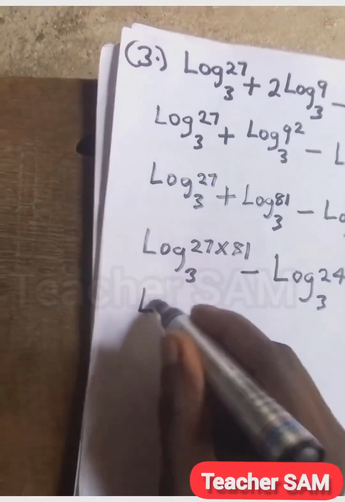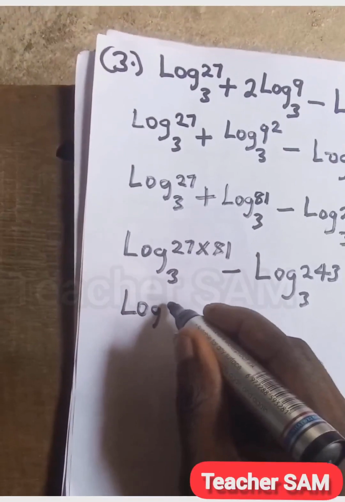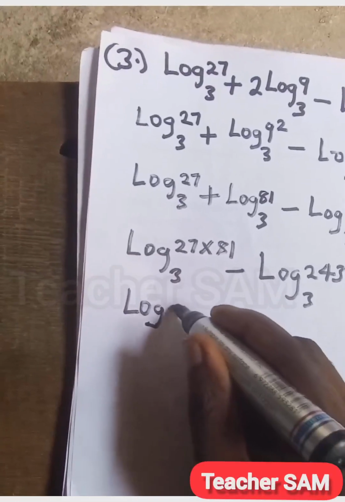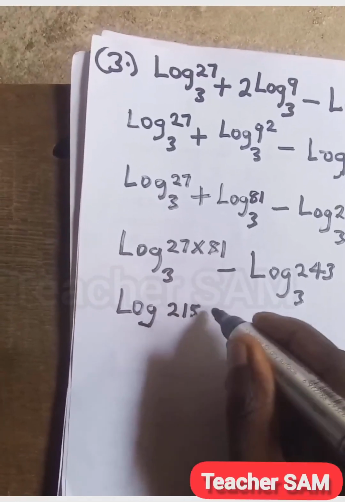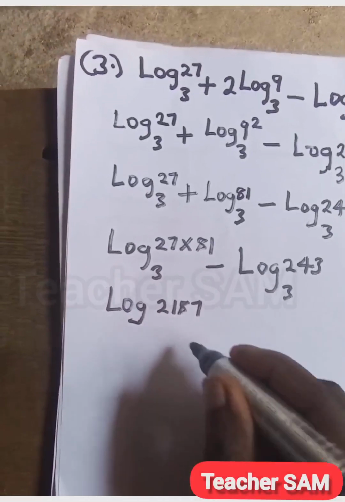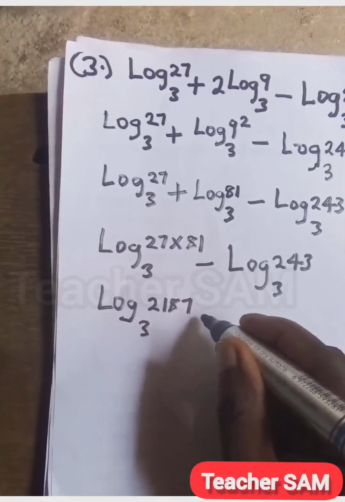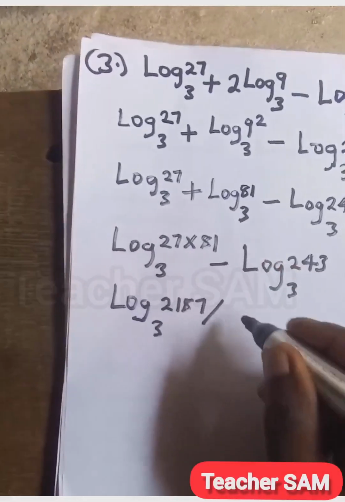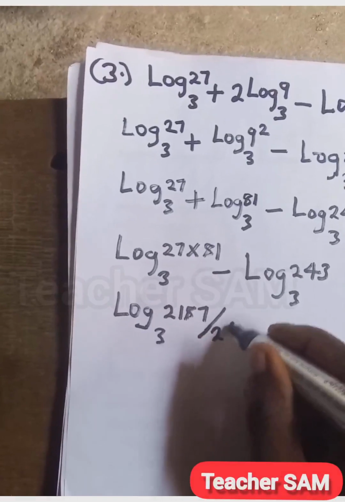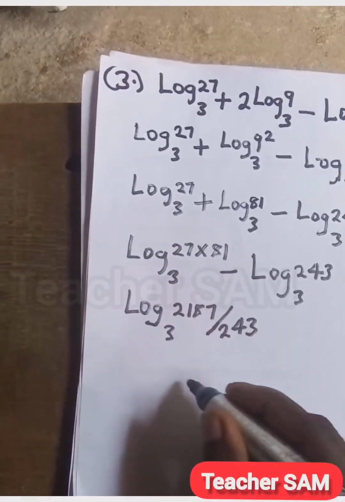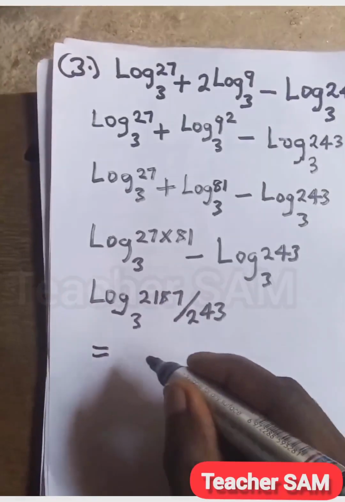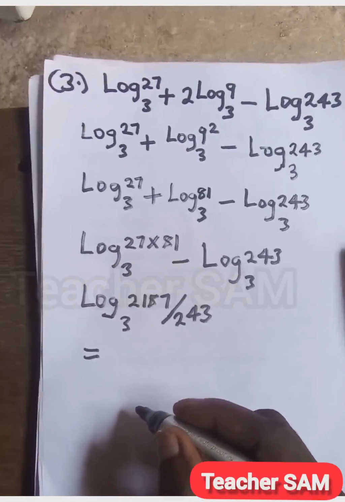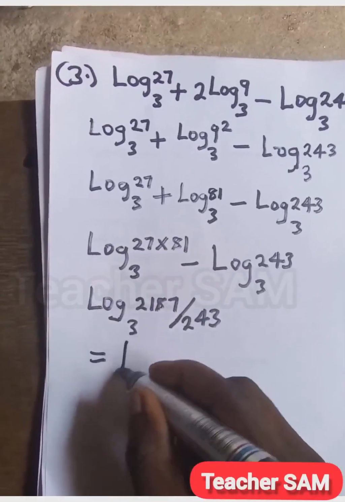If you multiply 27 times 81, you have 2187 to base 3. According to the law of logarithm, this is minus here, so divide by 243. If you divide 2187 by 243, that will give us 9.